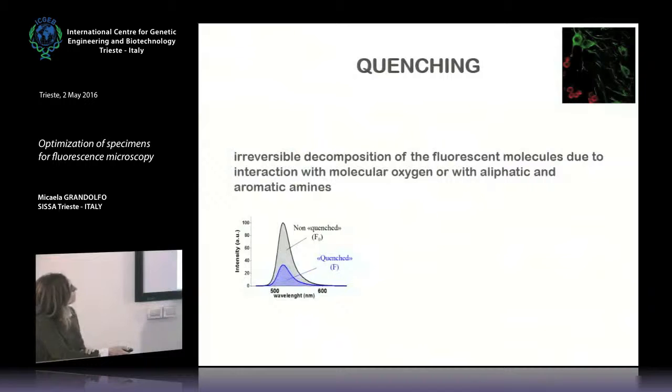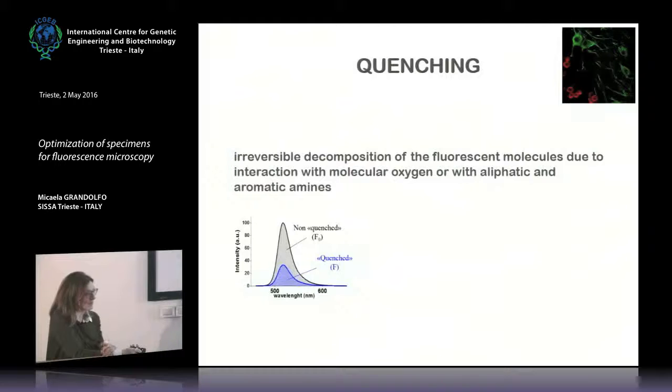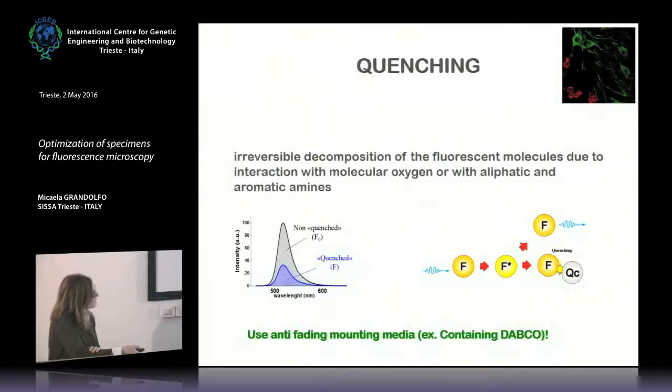Okay, the quenching. So the quenching is an irreversible decomposition of your fluorophores due to interaction with a quencher, in general oxygen, or with aliphatic or aromatic amines. As you can see from this diagram, of course, the emission is really reduced after the quenching of a fluorophore. And from this very, very simple cartoon, you can see that a fluorophore is excited by light.